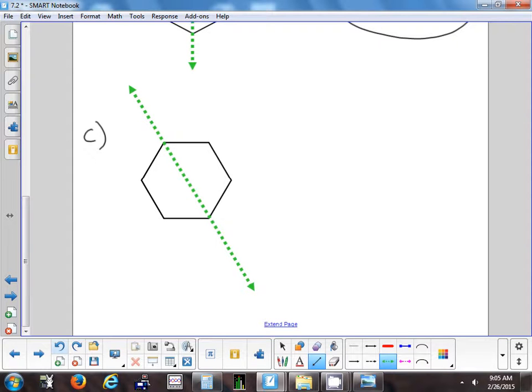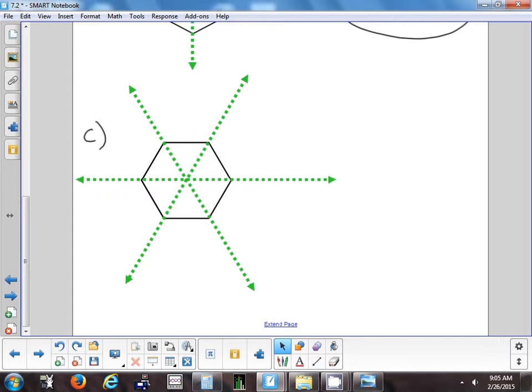And then you got the ones on the sides too, like right directly in the middle of the sides. You got one of those, so you can multiply 6 by 2. Because it's got 6 sides and 6 vertices. Yeah, but each vertex, it takes 2 vertices to make one line. Right, so there's 6 lines of symmetry. That covers all 6 vertices.